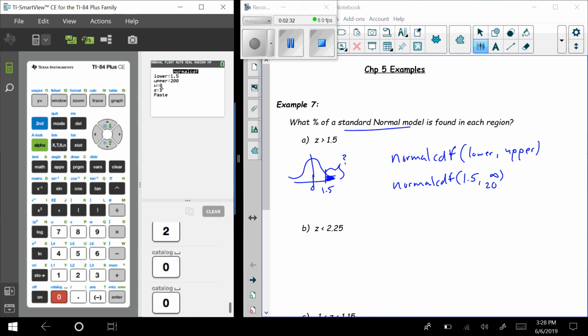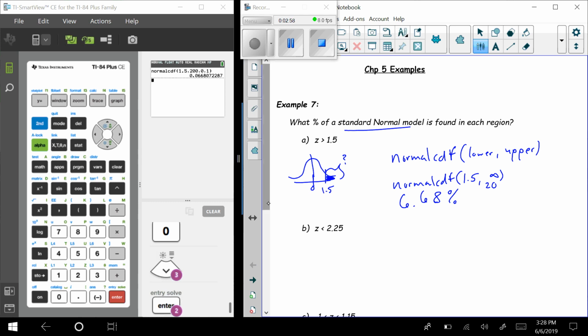It's not really going to matter. Don't touch the mu, don't touch sigma. Standard normal. Say paste, and then it's there, right? Just hit enter for it to evaluate it, and it comes out to be 6.68%. Okay, so that's how much percentage is from 1.5 standard deviations or above. Okay, so there's how you do that one.